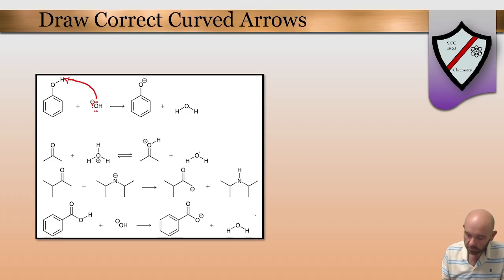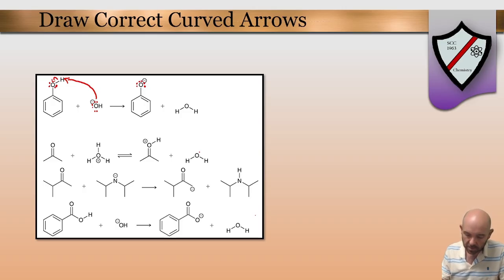And then we notice over here that this oxygen has a negative formal charge now, which means there's 3 lone pairs, whereas before there were only 2 lone pairs because there is no formal charge on there. So that means the electrons in this bond had to be left with that oxygen. And so we draw another little arrow from the bond over to the oxygen, showing that that lone pair was left there.